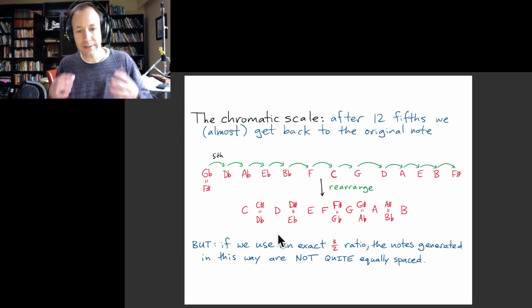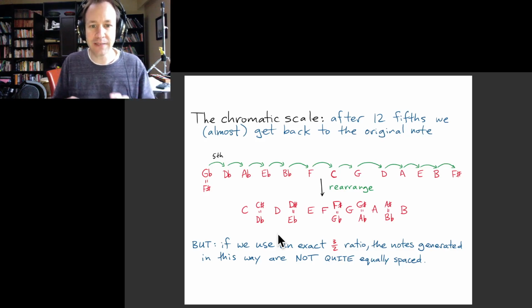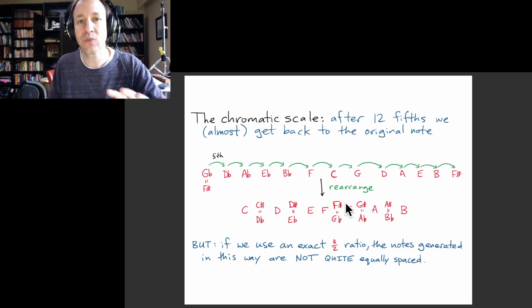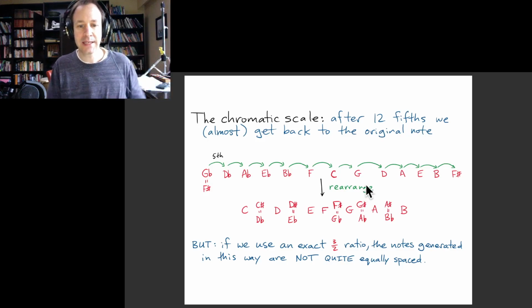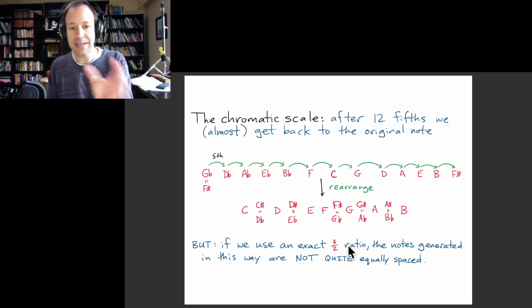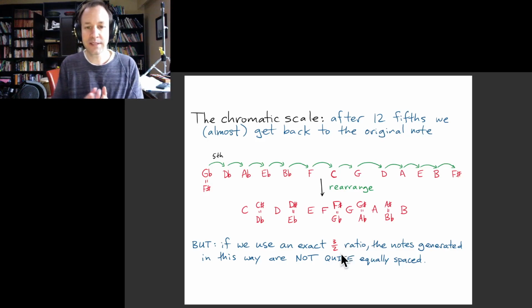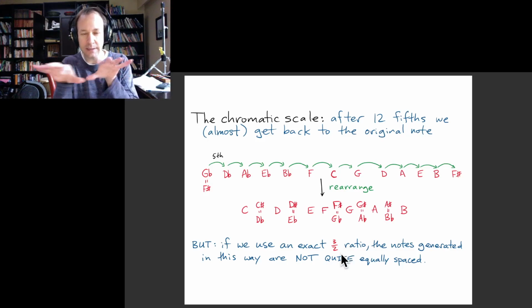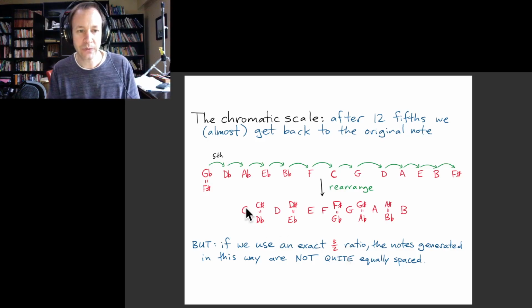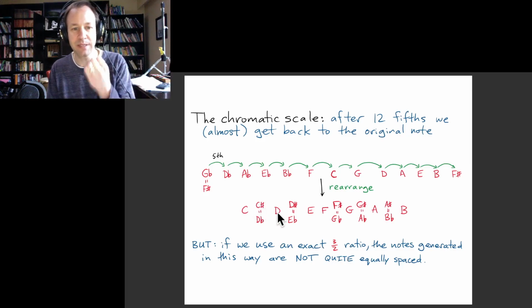But actually, it turns out they're not quite equally spaced. If I define the chromatic scale in this way, using fifths and this exact 3:2 ratio for the fifths, then there are slight differences in the spacing. So the distance from C to C sharp is not the same as the distance from C sharp to D.